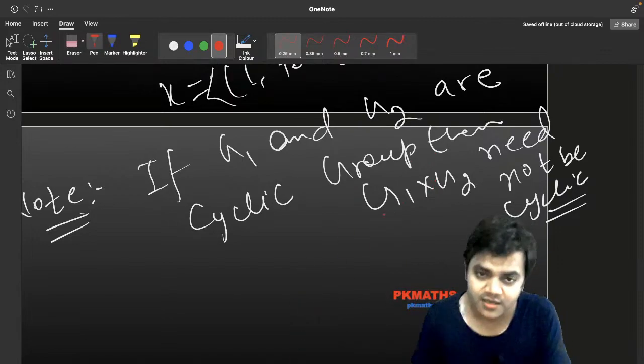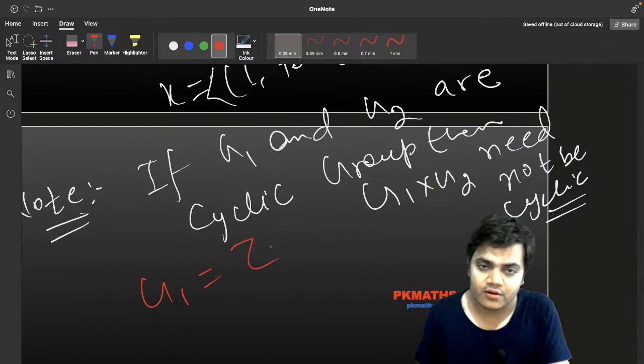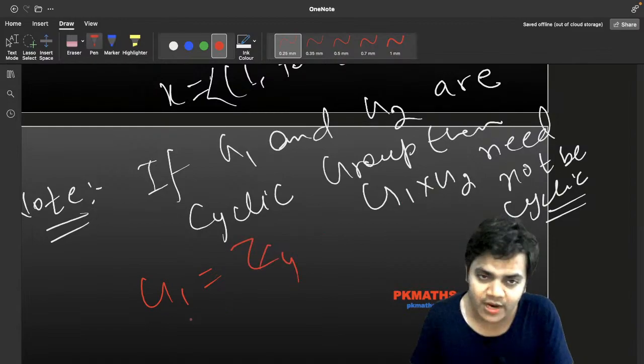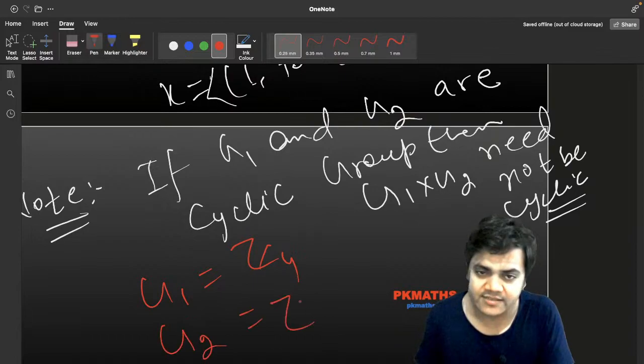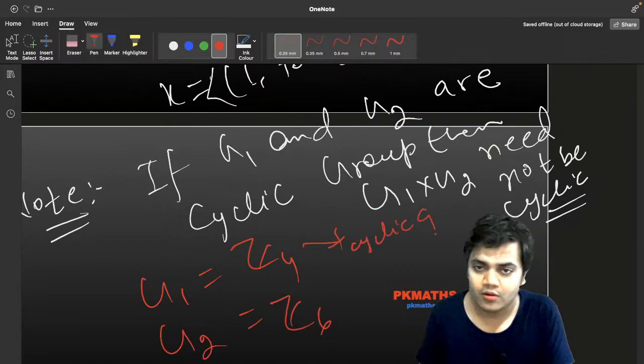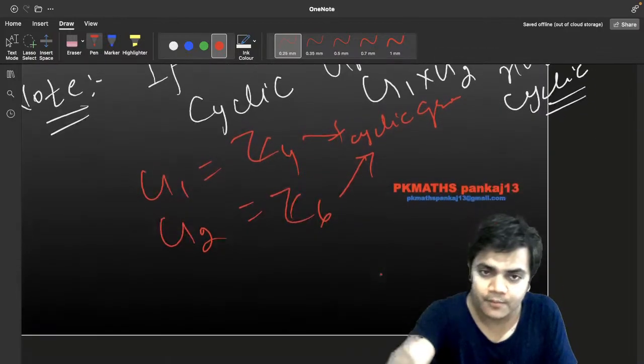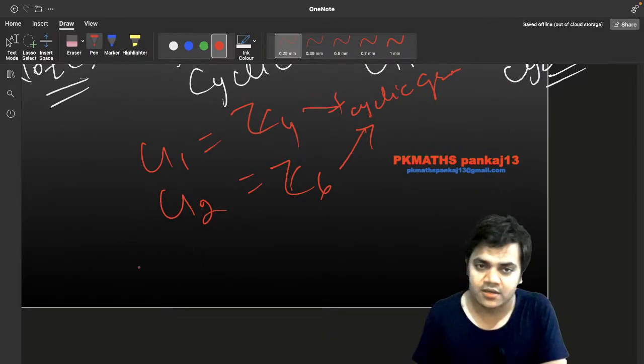If you are given G1 is cyclic, G2 is cyclic, then their product may or may not be cyclic. Yes, it's a fact. Because if you have a group G1 as Z4, and a group G2 as Z6, then certainly these are cyclic groups. You all know this Z6 is also a cyclic group. But what about its product? What do you think about G1 cross G2?